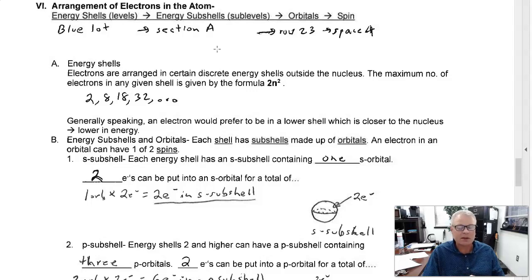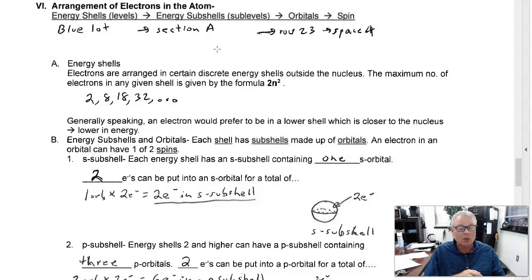So if you saw a picture of an S orbital, that is the subshell. 2 electrons can be put into an S orbital, and in fact, any orbital, I don't care if it's an S, a P, a D, an F, an sp2 hybridized orbital, a molecular orbital, anti-bonding, non-bonding, bonding molecular orbital, holds 2 electrons. Every orbital always holds 2 electrons. So 2 electrons can be put into that S orbital for a total of 2 electrons in that subshell.